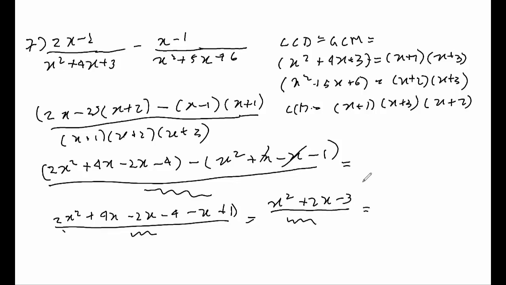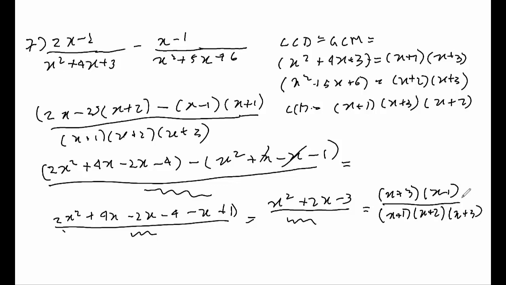And now I have to factor that, so I end up with x plus 3, x minus 1 all over x plus 1, x plus 2, x plus 3.